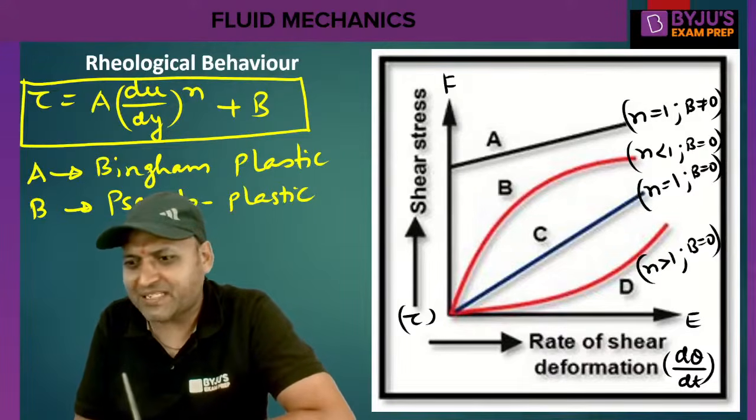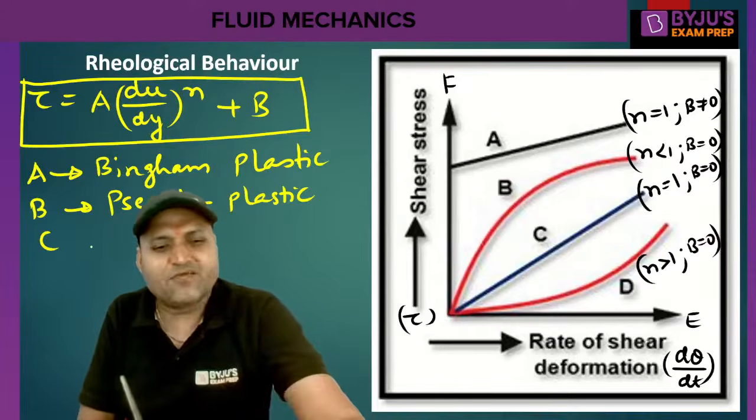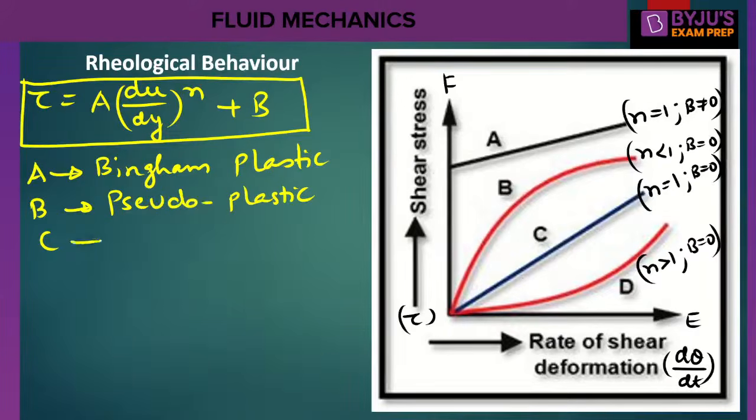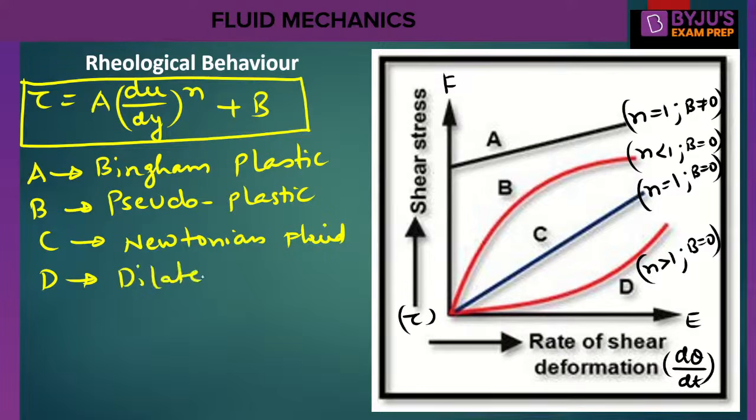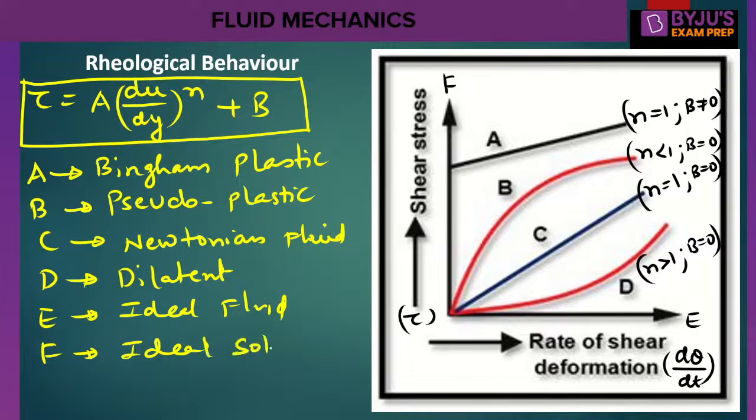C is Newtonian and D is dilatant. E is ideal fluid and F is ideal solid. This is called rheological behavior.